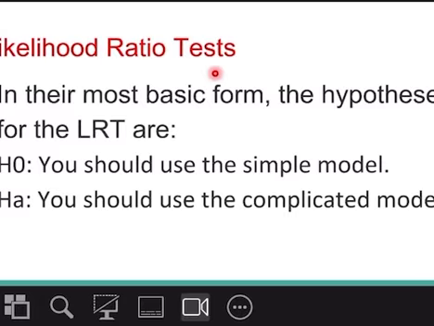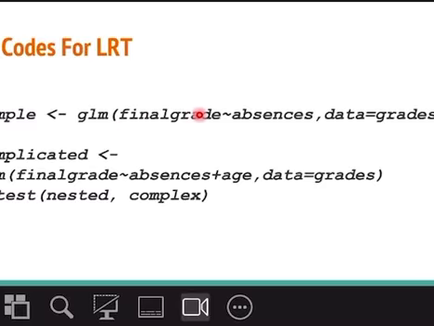Let's look at a simple model. In the simple model, what this is saying is that it's only absences that determine the final grade. But in the complicated model, it says no, it's not only absences, age as well. Then how do we know which one is better? Instead of an ANOVA test, as you remember, we're going to use the LR test.